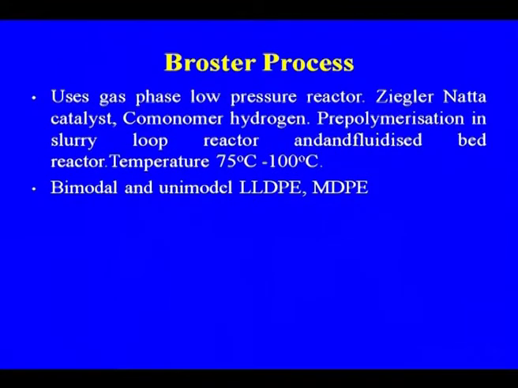The Borstar process, slightly more detail about that process, that was not there, I only gave the various processes. In case of the Borstar process it uses a gas phase low pressure reactor, Ziegler Natta catalyst, comonomer, hydrogen, pre-polymerization in the slurry loop reactor and a fluidized bed reactor, temperature 75 to 100 degrees centigrade, bimodal and unimodal LLDPE and medium density polyethylene.